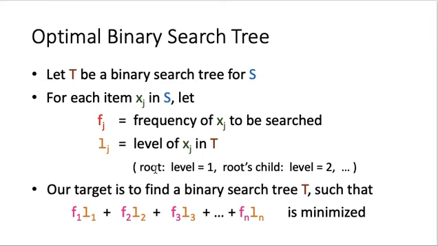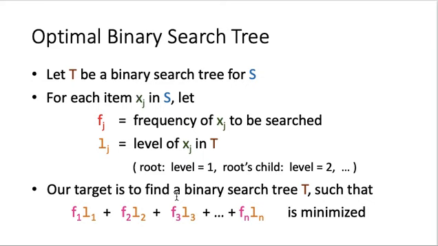We assume that the root node has level 1, the child of the root has level 2, the child of that has level 3, and so on and so forth. So Lj is equal to the number of comparisons if we want to search for Xj inside the search tree T.